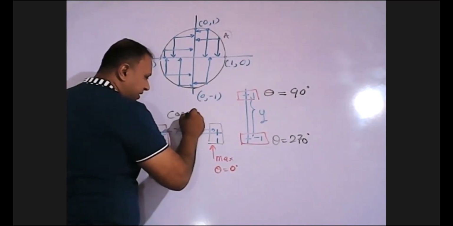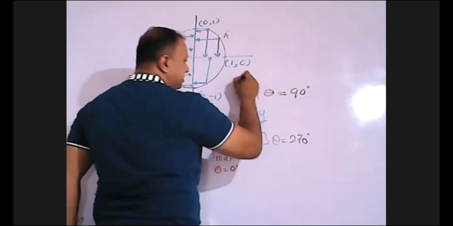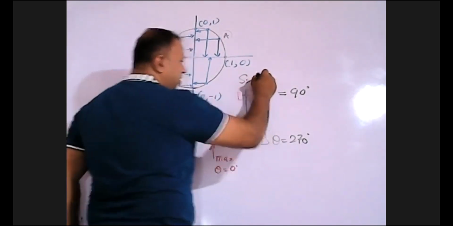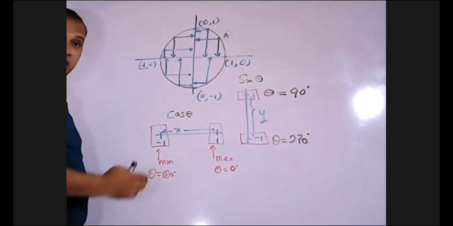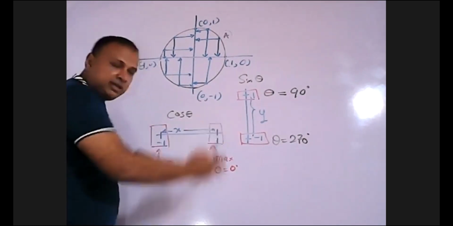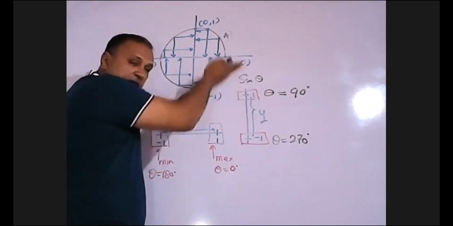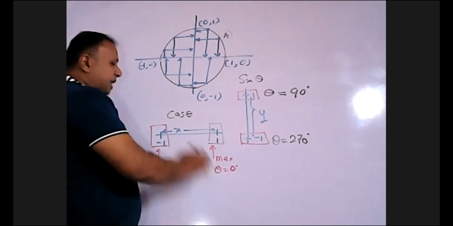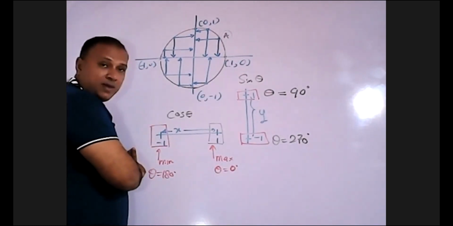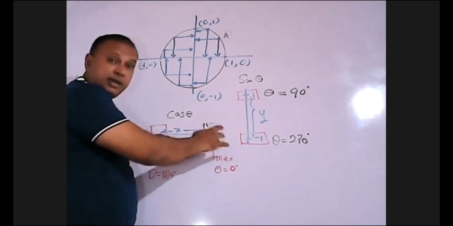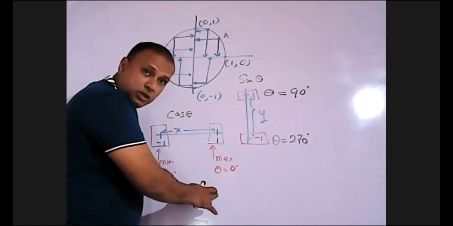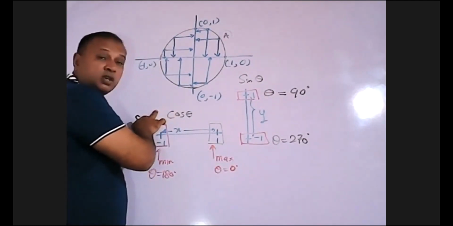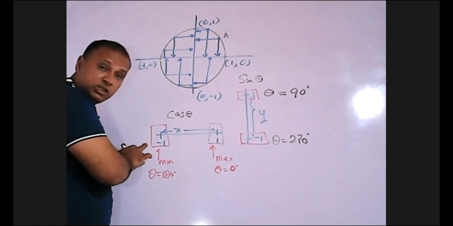So this is the cos ratio. This is the sine ratio. Therefore, this is the variation of cos, and this is the variation of sine. The maximum cos value is +1. It comes when theta is equal to 0. The minimum cos value is equal to -1.